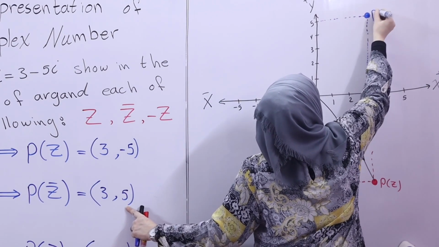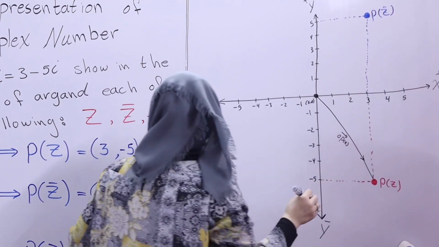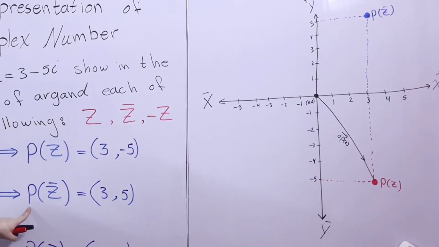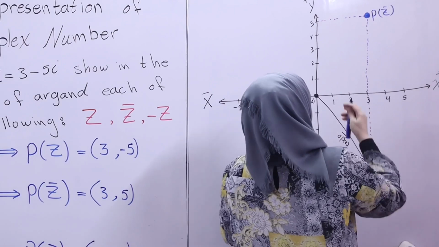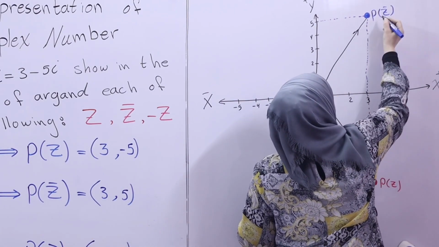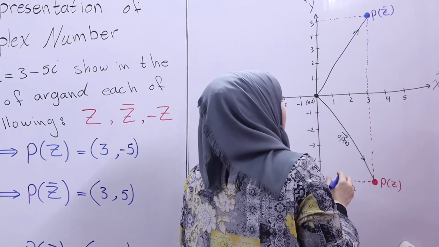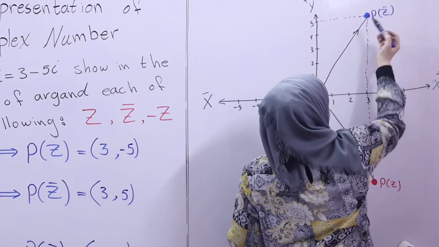So this represents the point of the conjugate of z. If we connect between the origin and the point of the conjugate of z, we get the Argand shape for this point.